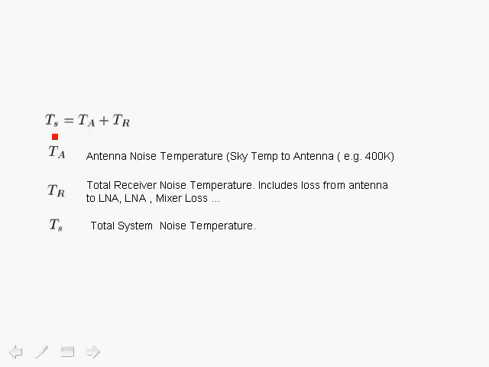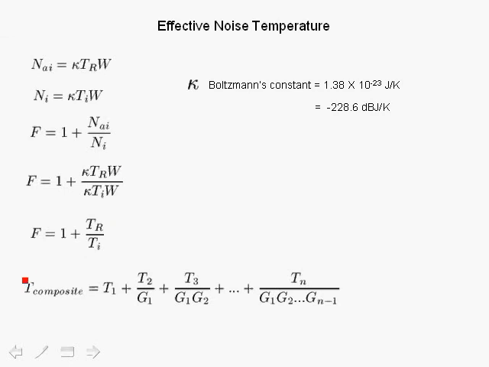The total system effective noise temperature can be computed as a sum of the antenna noise temperature, plus the receiver noise temperature. And the receiver noise temperature is this expression over here, the overall noise temperature of the receiver.